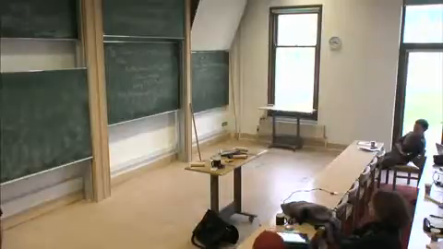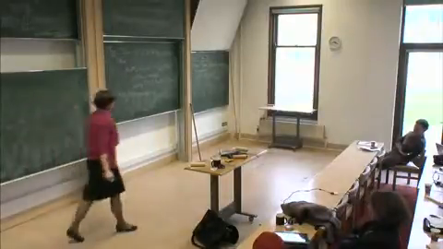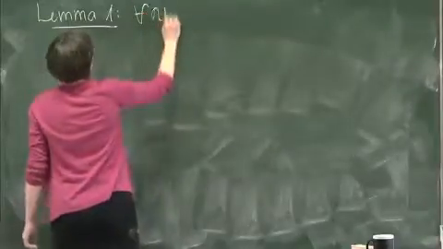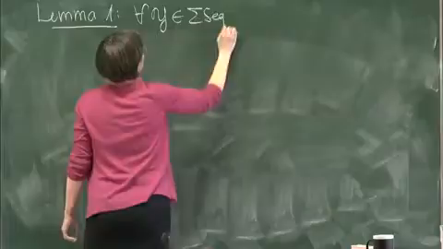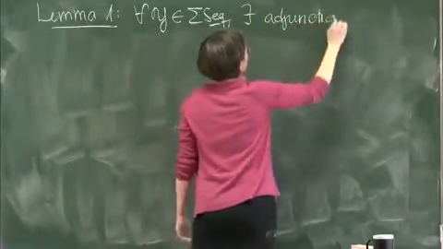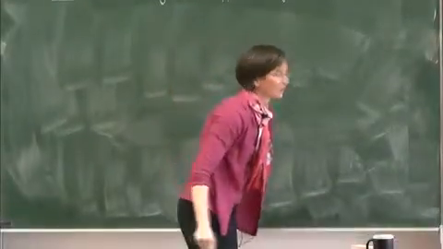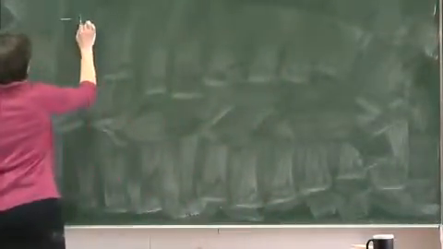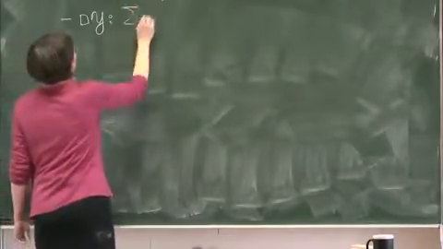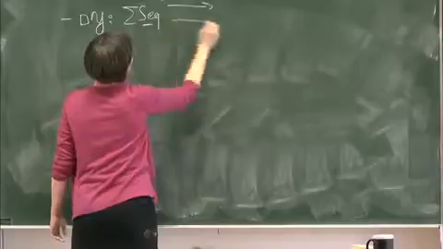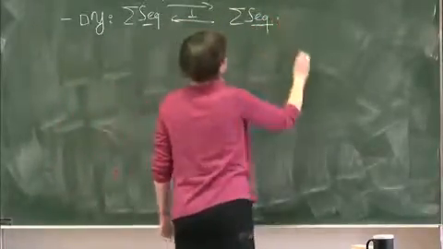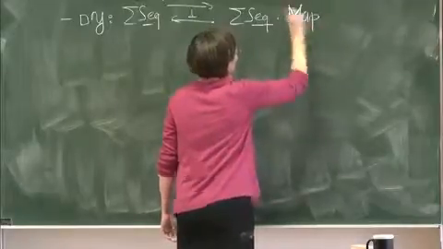So how is the closed structure? It is the following way. For any symmetric sequence y, we have an adjoint pair between boxing with y and looking at the following thing.